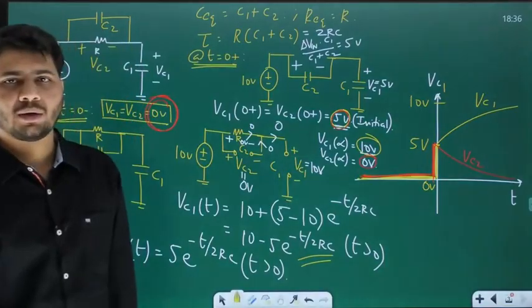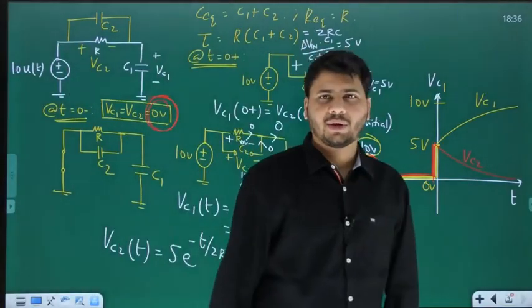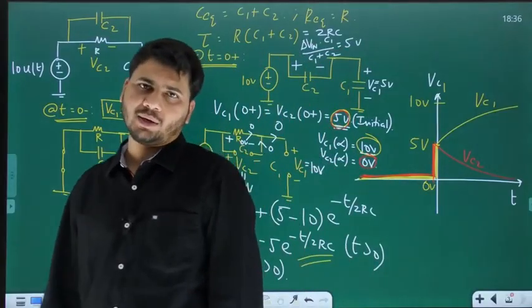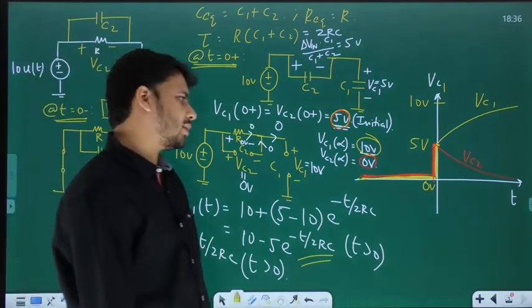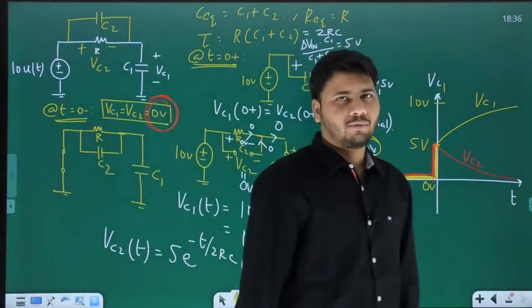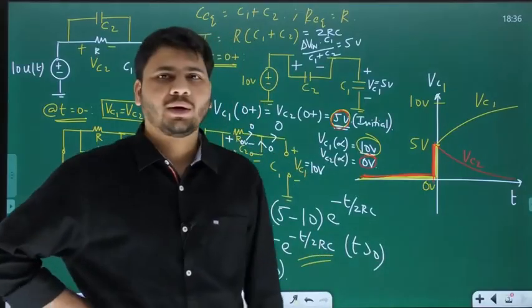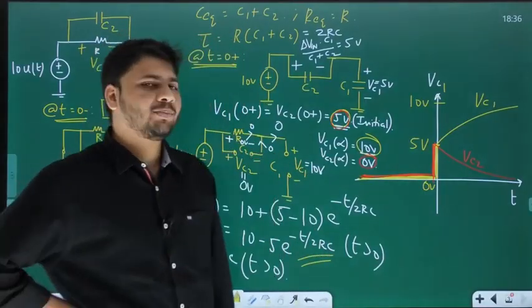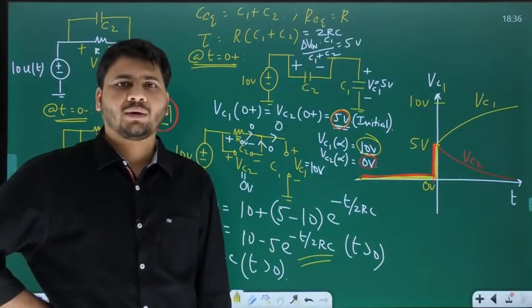So what is the important point here? At t equal to 0, both VC1 and VC2 are suddenly changing from one value to another value. In this case, they are suddenly changing from 0 to 5 volts. So there is one exceptional case where the voltage drop across the capacitor is able to suddenly change from one value to another value.